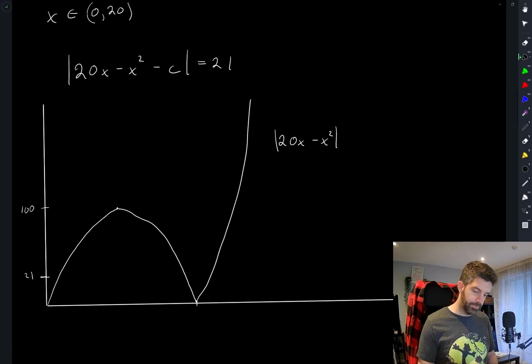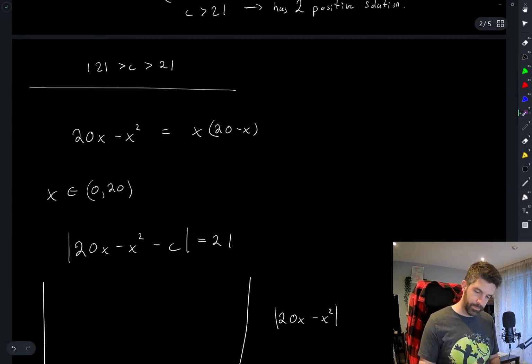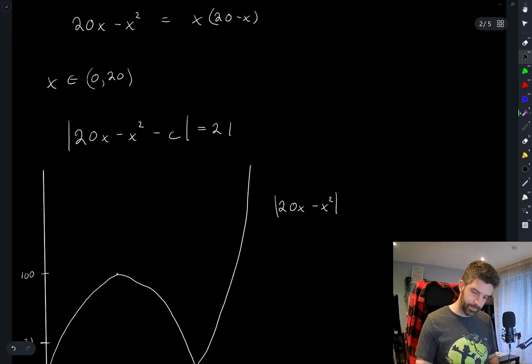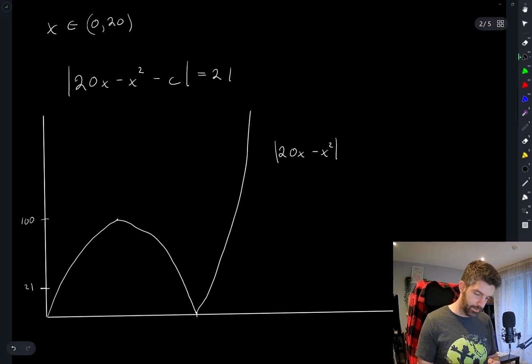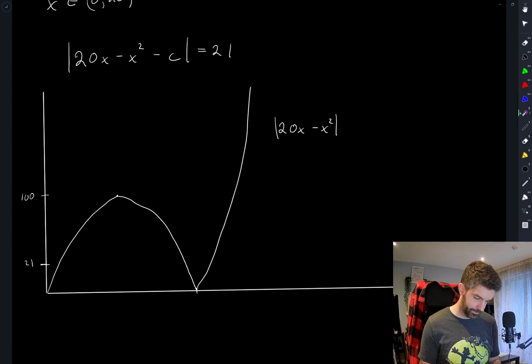If c is negative, this gets shifted up, and the absolute value sign does nothing, and there would be a maximum of 3 positive solutions to this, which won't work. So I need this to get shifted downward, and then take the absolute value.